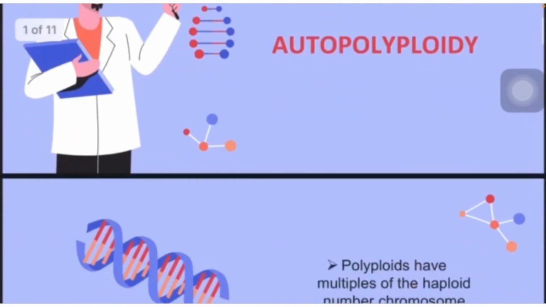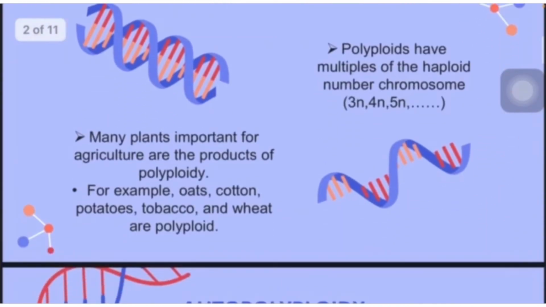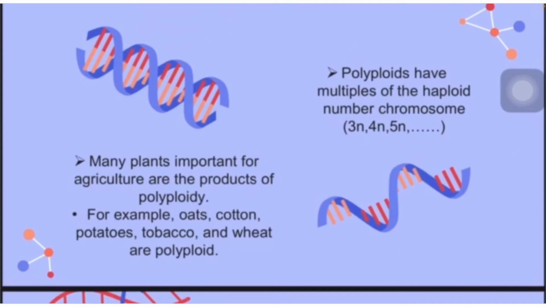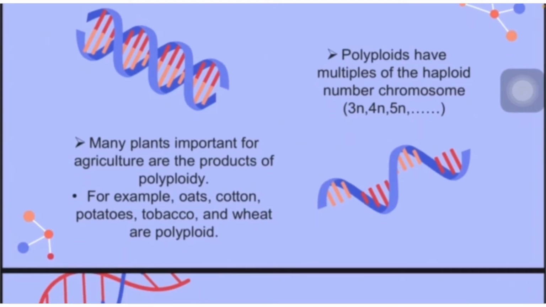Autopolyploidy. What is autopolyploidy? Autopolyploids are polyploids that have multiples of the haploid number of chromosomes, for example 3n, 4n, and 5n. Many plants important for agriculture are the products of polyploidy.